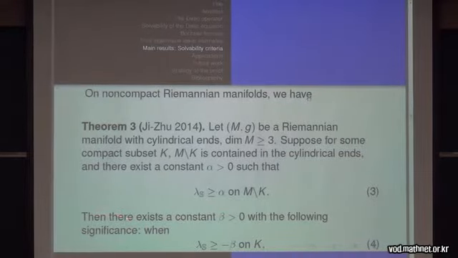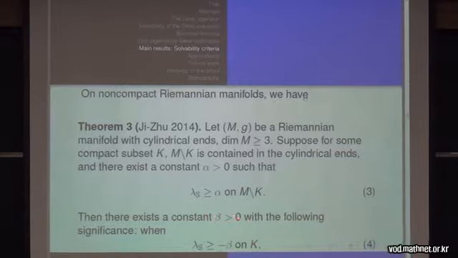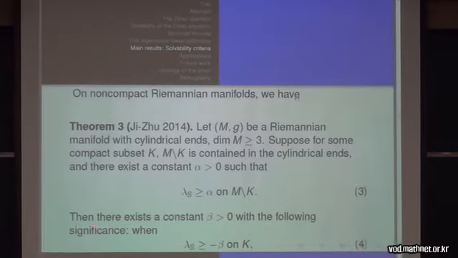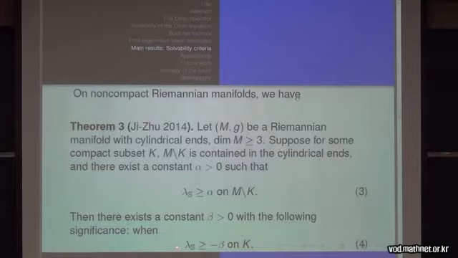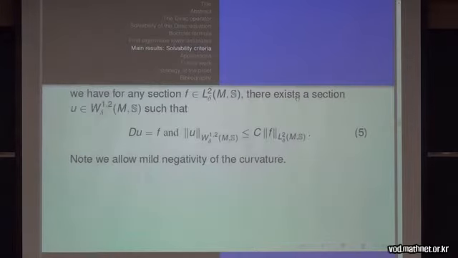curvature. And then the result is that there is another positive constant beta with the following property. If the curvature is bounded from below by minus beta, this is a negative constant, on the compact part, then we can solve the half Dirac, solve Dirac in the weighted L2, the exponential L2 space, the exponential Sobolev space.